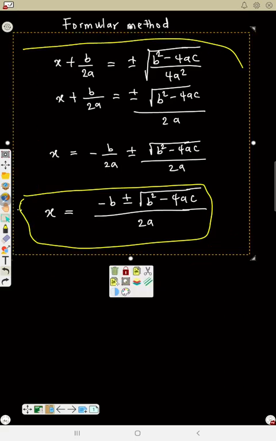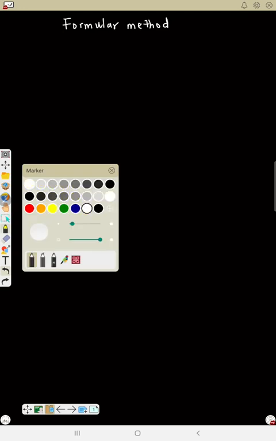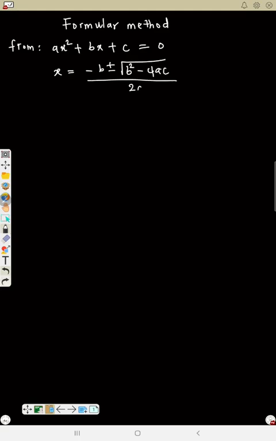So let's see how we can now use it to solve questions. How we can use the completing the square method and formula method now to solve. So from ax squared plus bx plus c equals 0, we have seen that x equals minus b plus or minus square root of b squared minus 4ac, everything over 2a.